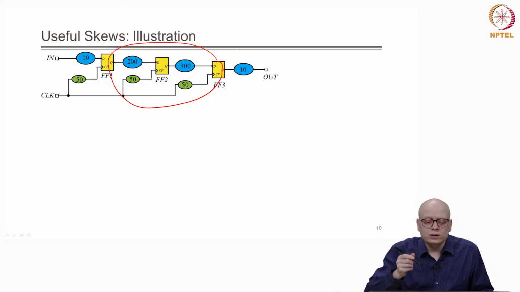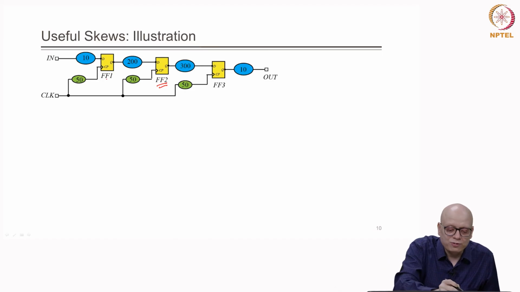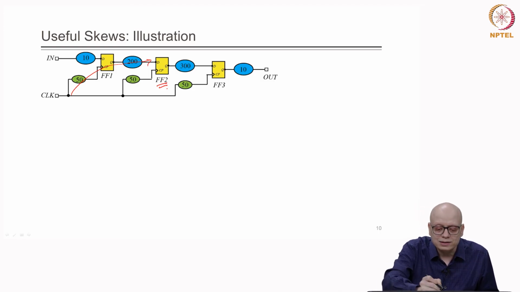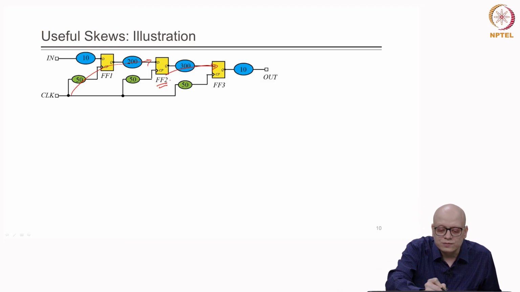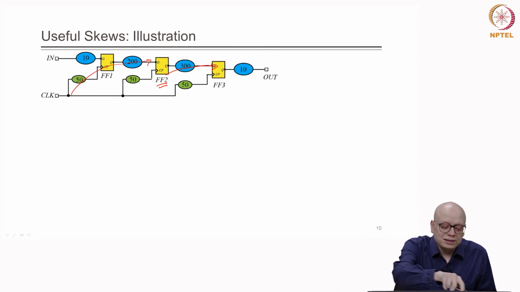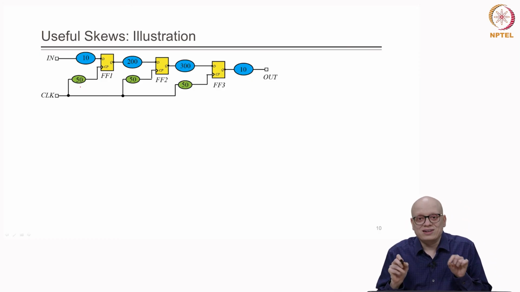Now, if we look into this flip flop FF2, it has two paths, right. The first path is this one, in which FF2 is the capture flip flop, and the second path is this one, in which FF2 is the launch flip flop, right. In this circuit, the clock skew has been made 0, the ideal condition.